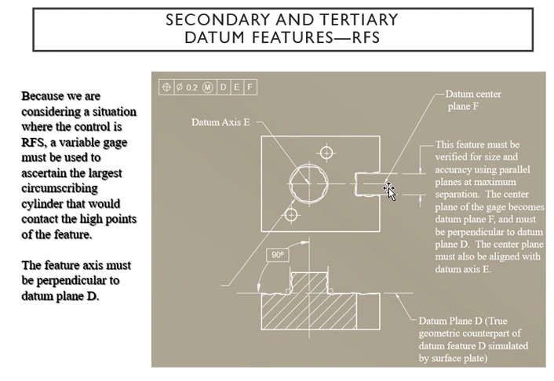Then of course, you're using a gauge to establish the datum center plane, which is your F right there. This is the center of that feature right here, and it has to be perpendicular to the datum plane D right here, because it is related anyway. It's just the view is different, and also perpendicular to each other.